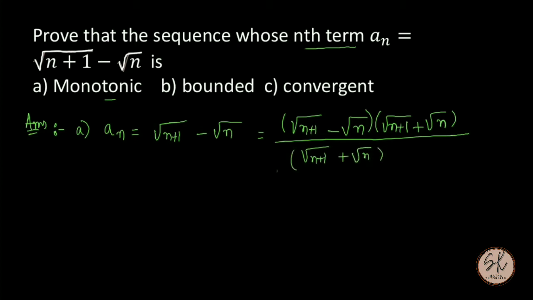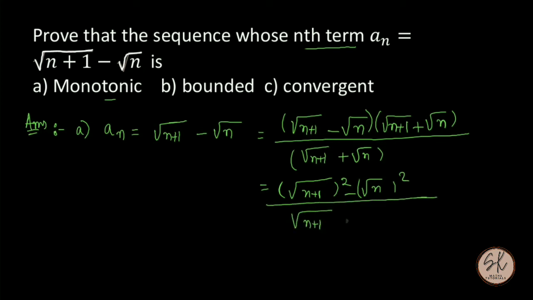Now this is equal to (√(n+1))² − (√n)² over √(n+1) + √n, which is (n+1 − n) over √(n+1) + √n. The n and −n cancel, and we are left with a_n = 1/(√(n+1) + √n).